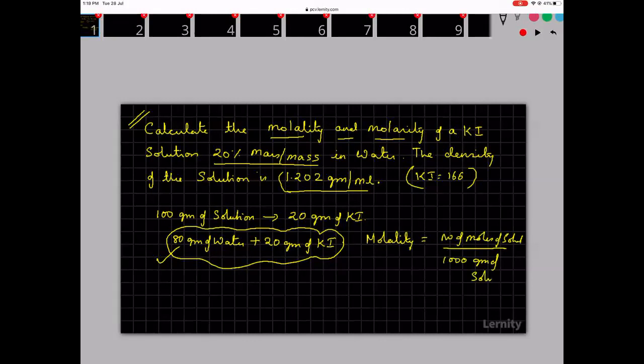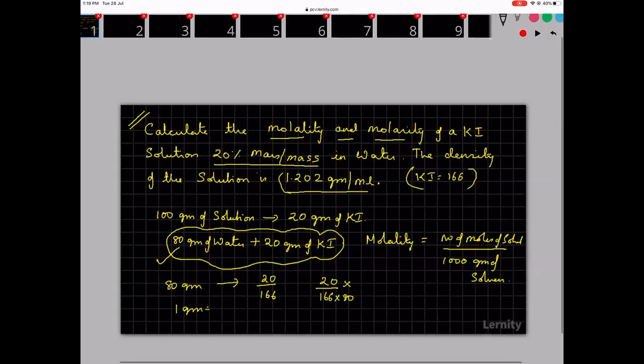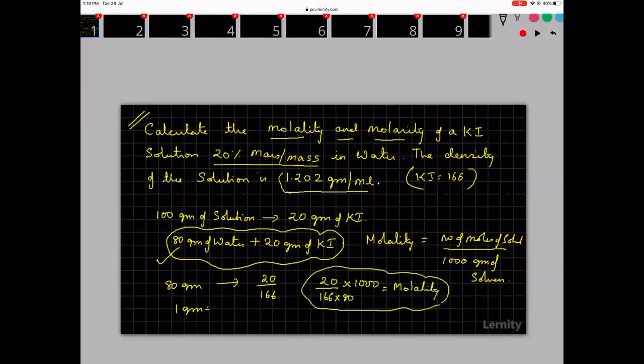So in 80 grams of solvent I have 20 grams of KI. Can I say in 80 grams I have 20 divided by 166 moles? So in 1 gram I'll have 20 divided by 166 into 80 moles. In 1000 grams I'll have so many moles. So this is the molality of the solution.